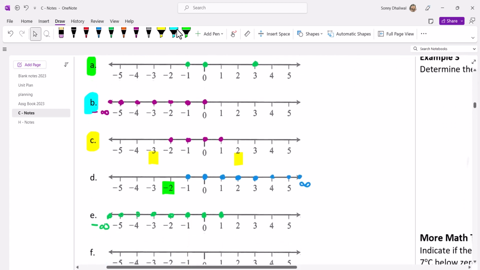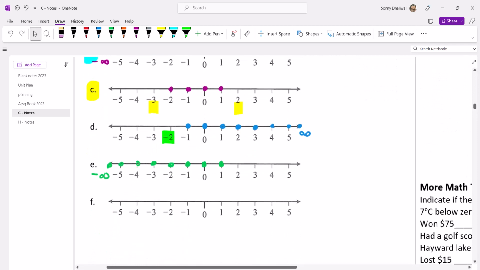So I have -1 here, I have 3 here. We're going in between those. -1, 0, 1, 2, right? So we're going equal to -1 because that side had an equal sign on it.